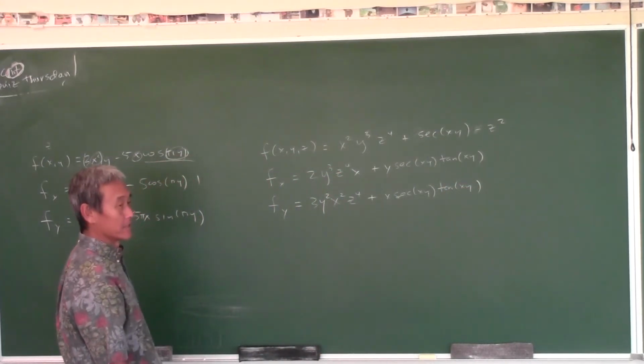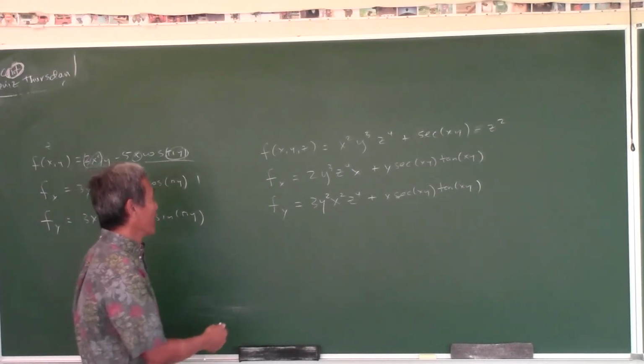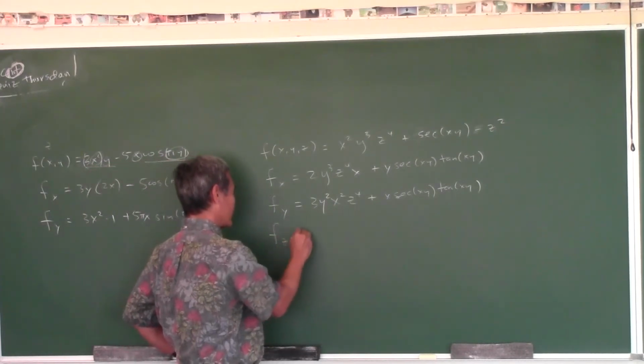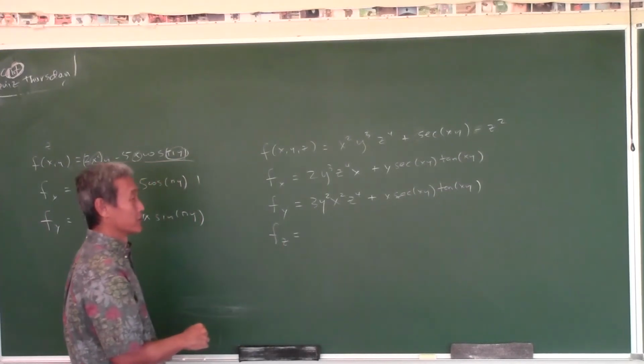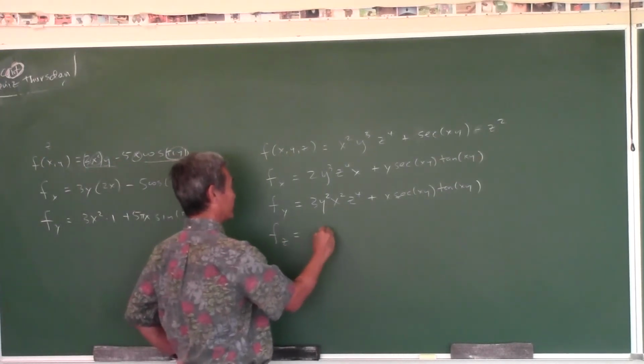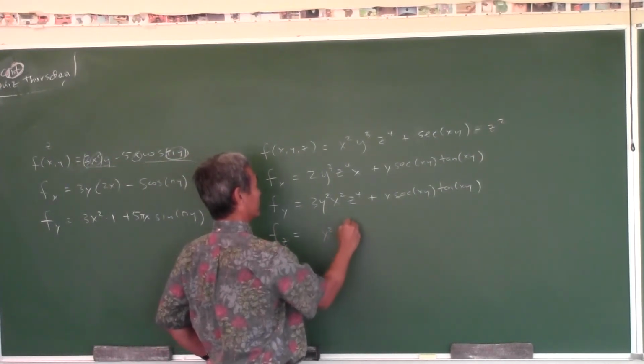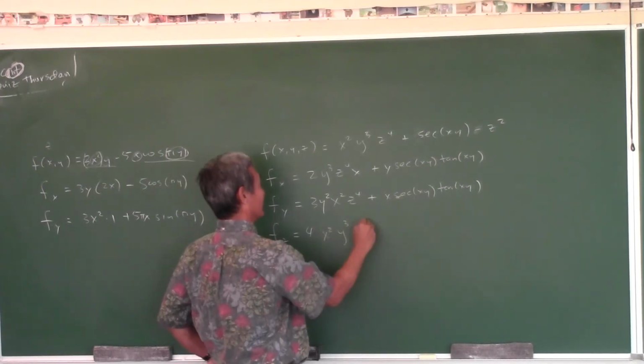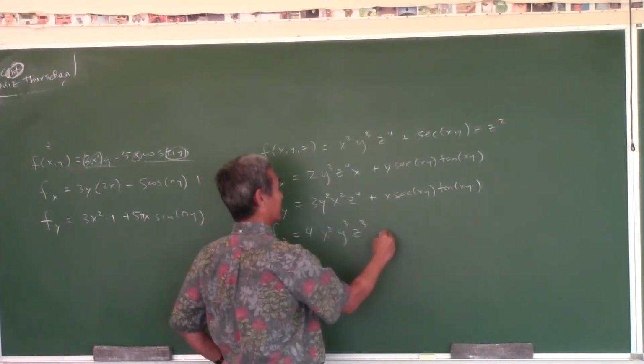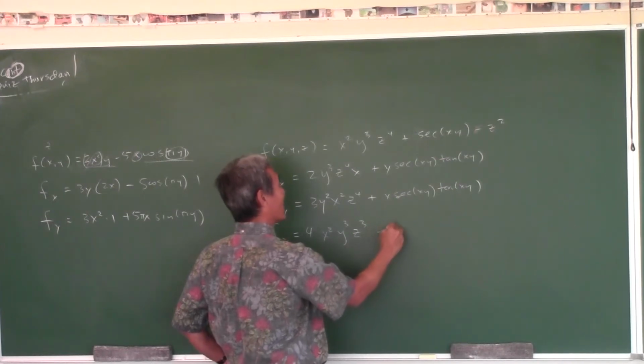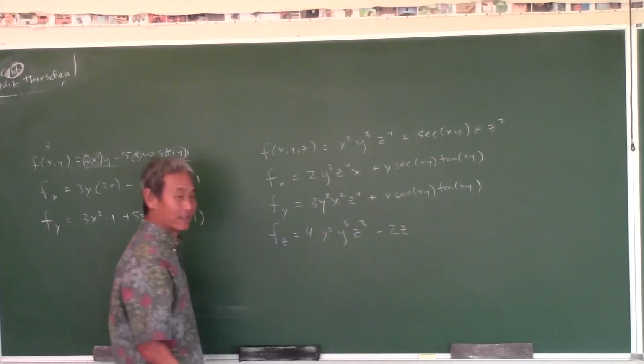Minus 0. Yeah, because z is a constant, yeah? And then what's the partial of f with respect to z? x squared, y cubed, 4z cubed, and then 0. Okay. Plus 2z. No, minus 2z. Oh, minus 2z. Yeah, there you go.